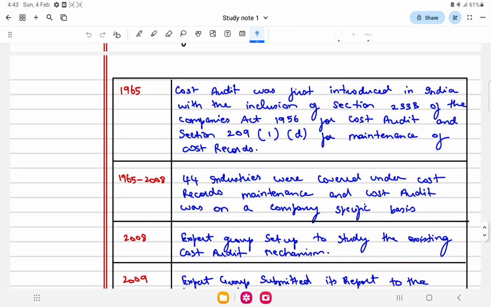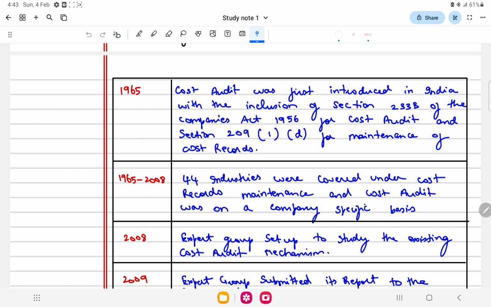How it started is 1965. The cost audit was first introduced in India. One more question: in which year was cost audit first introduced in India?